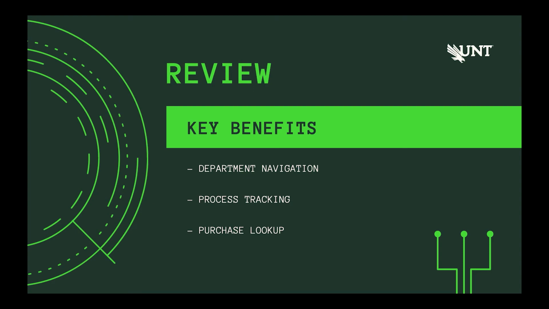We can see more information, especially if we click on a specific requisition, upon double click and going to viewing details. And then the last key benefit is going to be purchase lookup, which we just went through using that second case, which is upon receiving some sort of requisition ID or voucher ID or purchase order ID, we can go and look at the specific details for that one purchase.